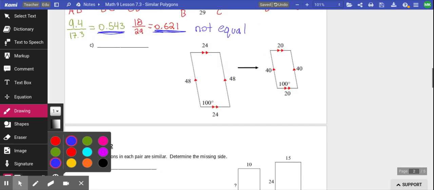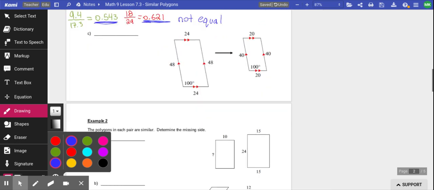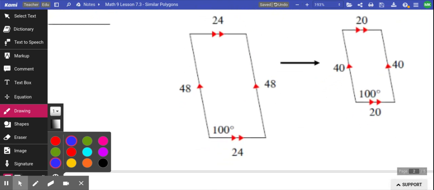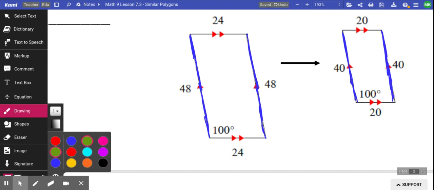Perfect. If you look at this shape, we have the sides of these shapes right here in blue. They match up with the sides over here in blue. The tops match up nicely. The bottoms clearly match up nicely.